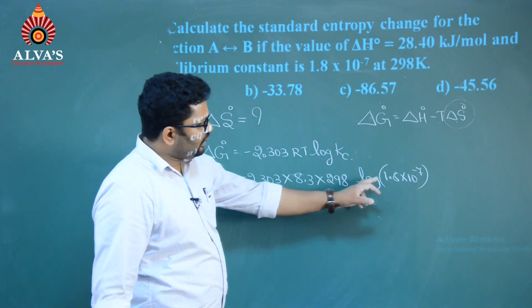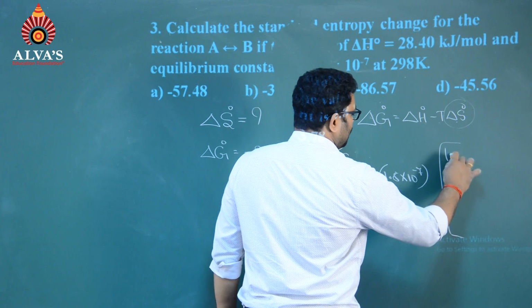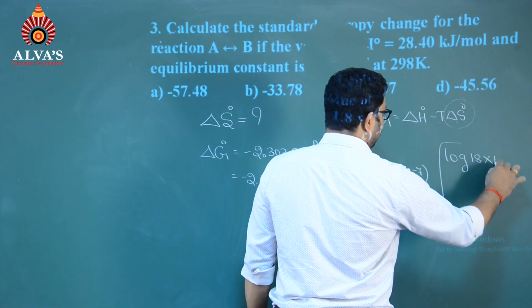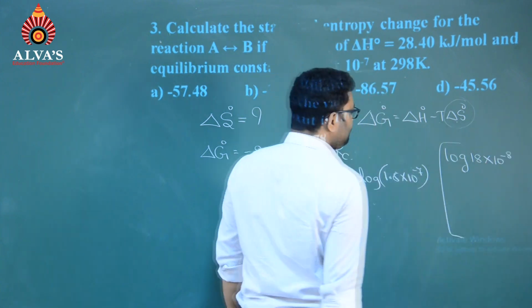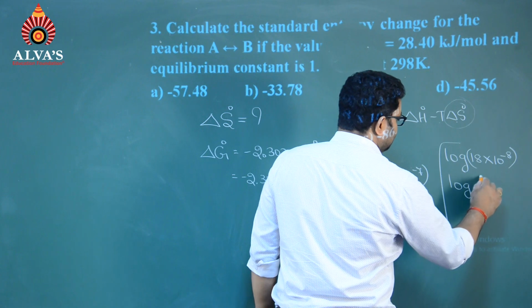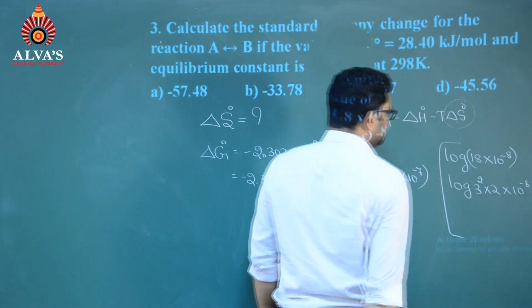Let us simplify log 1.8 into 10 to the power minus 7. I can write 1.8 as 18 and minus 7 will become minus 8. Log 18 can be written as 3 square into 2 into 10 to the power minus 8.